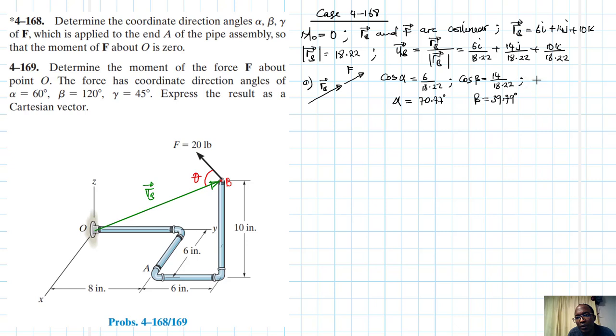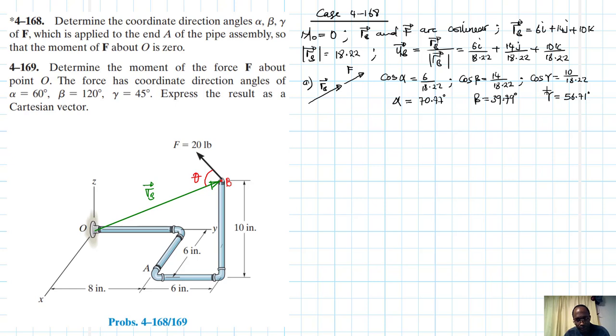Okay, and then cos gamma, which is just 10 divided by 18.22. Gamma is just going to be equal to cos inverse of 10 divided by 18.22. This gives us 56.71.